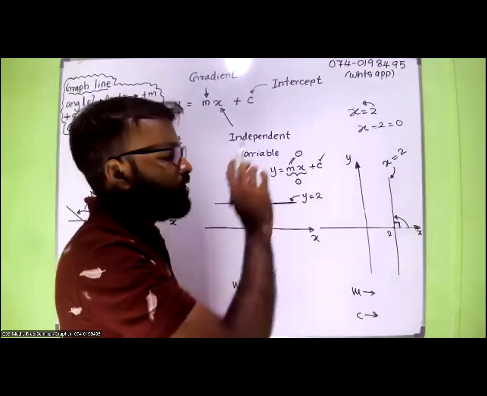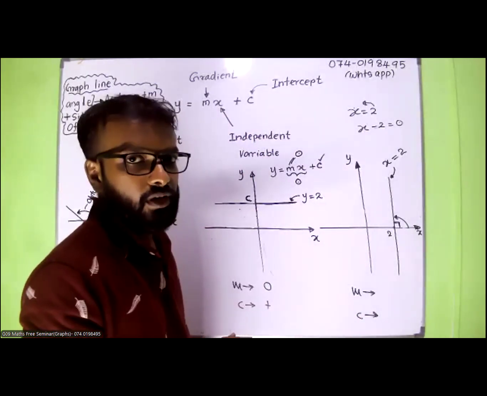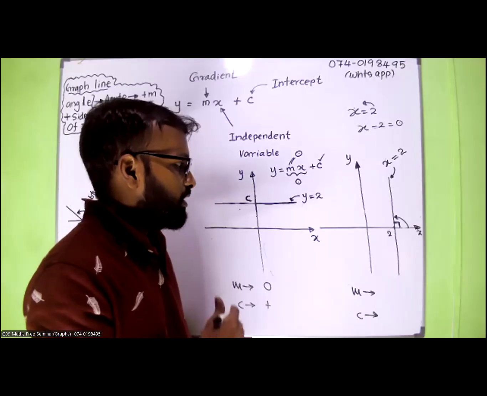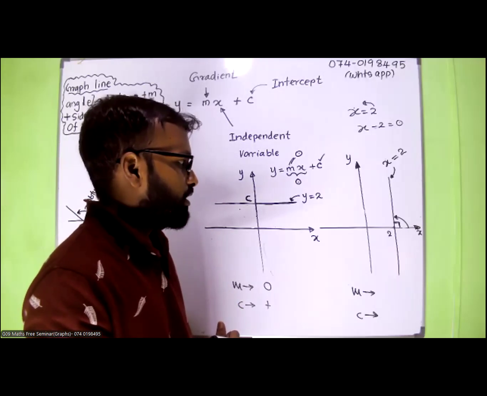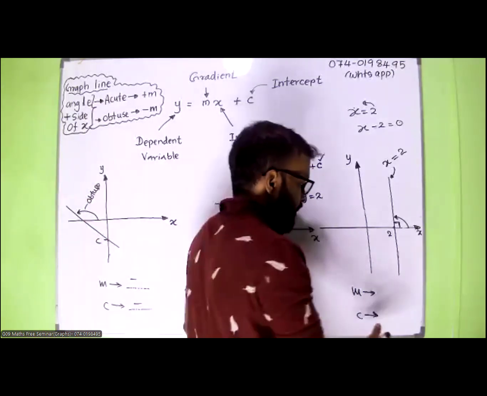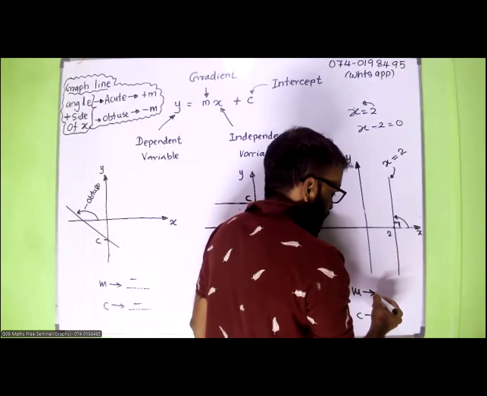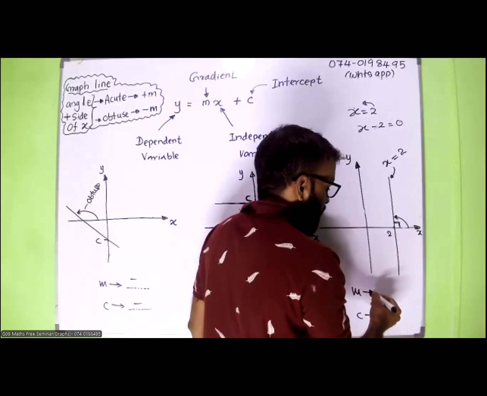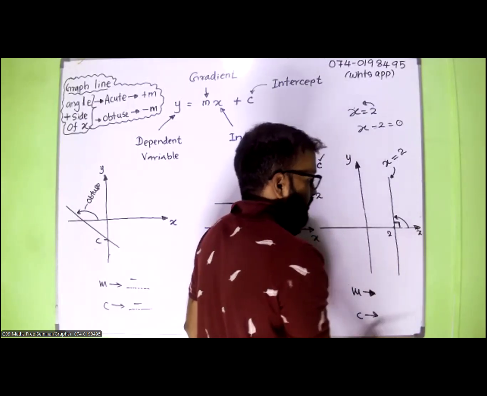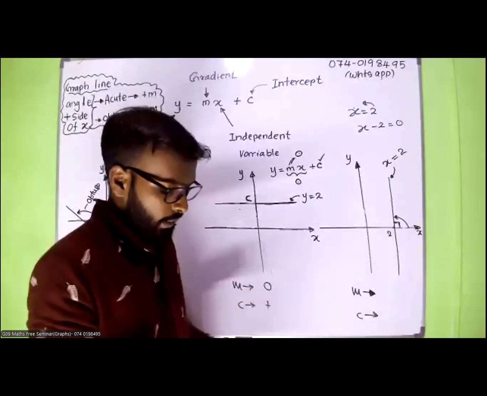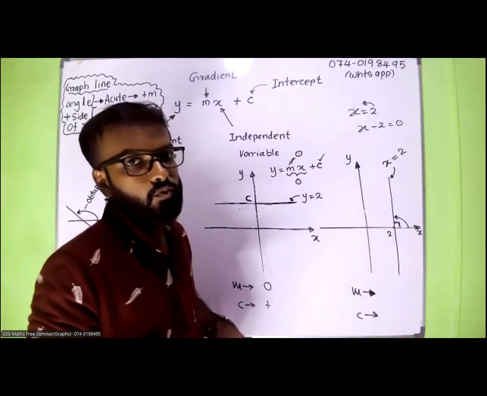So this is a kind of equation of a graph. But this is a special case, where m cannot be defined, and you also cannot define c because it does not cross the y-axis.